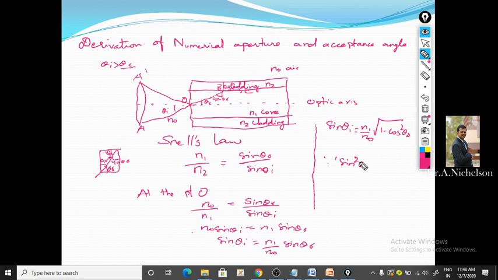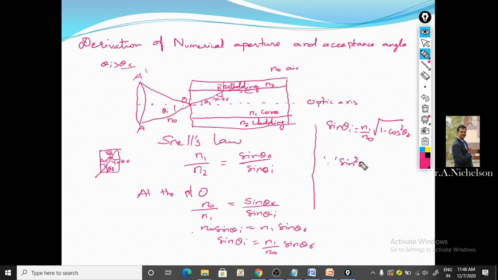So from this we found the value 1 minus cos square theta r. Put this as equation number 1. So at the point O, applying Snell's law, we found sin theta i is equal to n1 by n0 into square root of 1 minus cos square theta r.